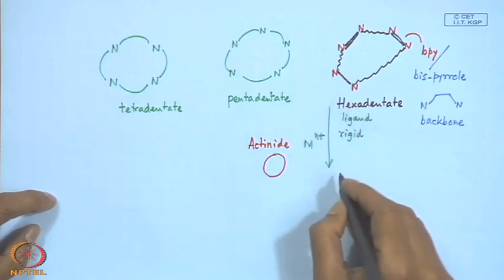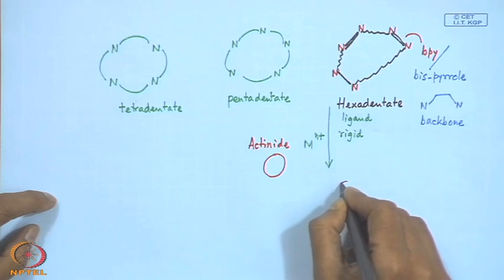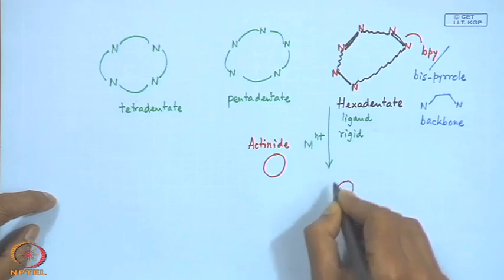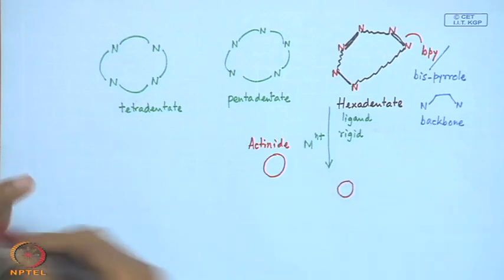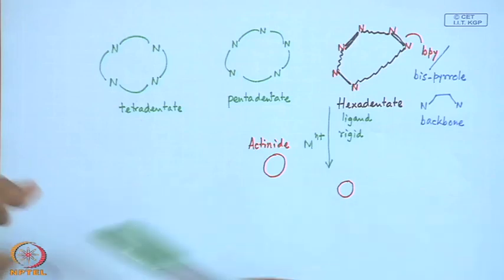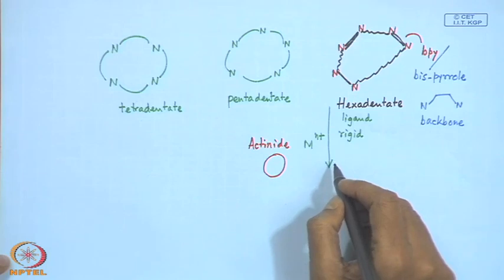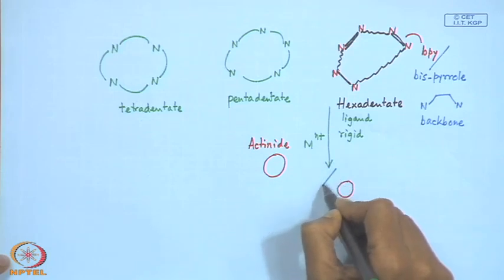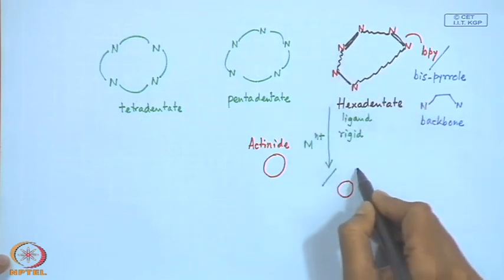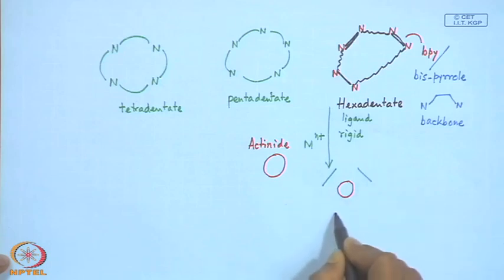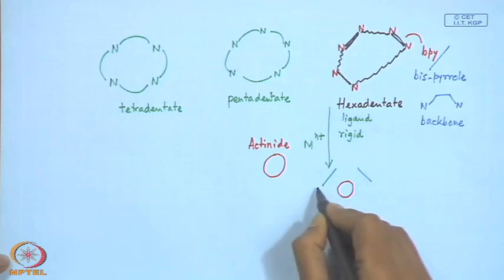So, within the cavity of the hexadentate ligand, the metal ion will be sitting nicely, and we have one nitrogen backbone here, one here, and one here.